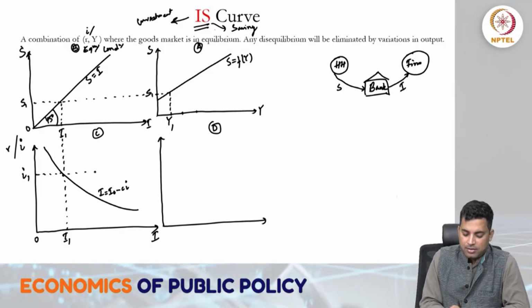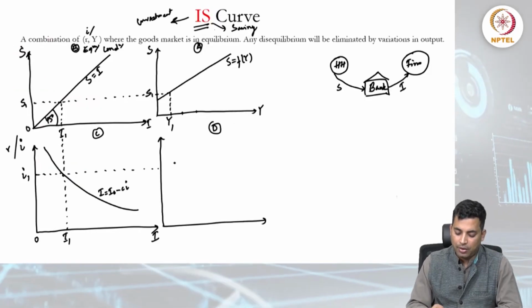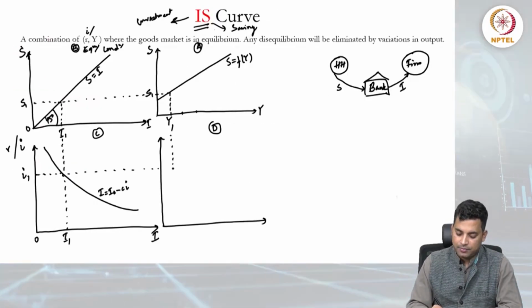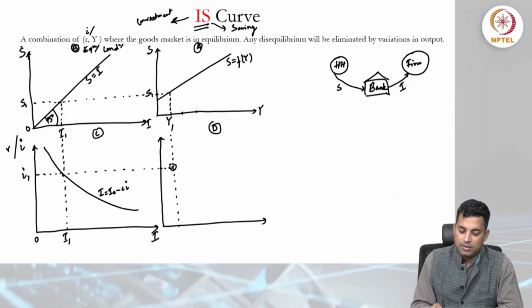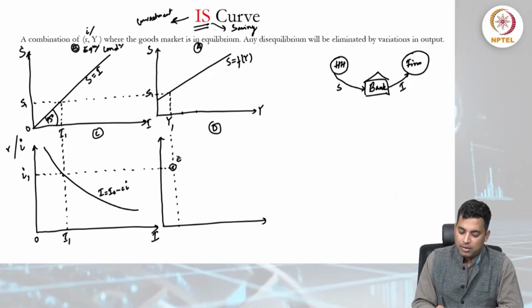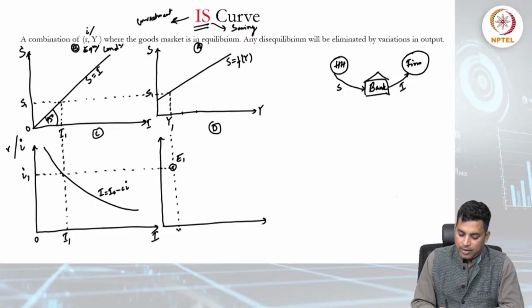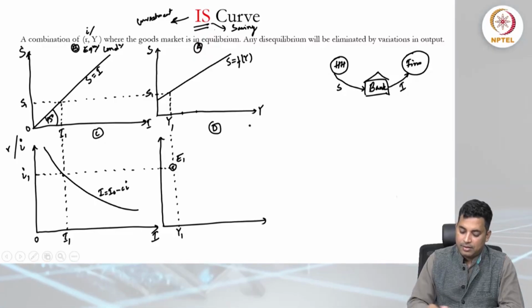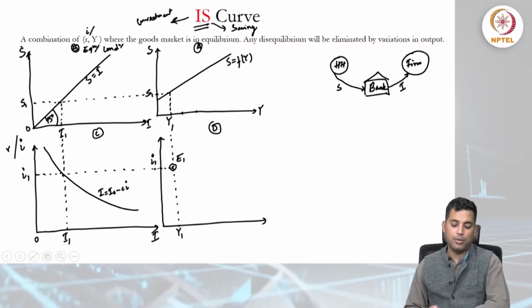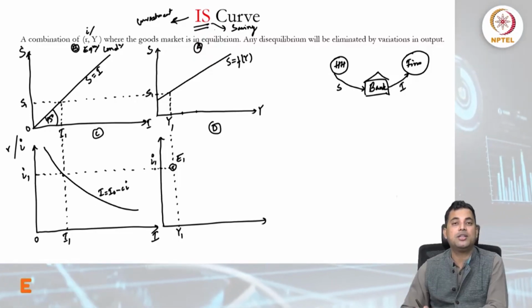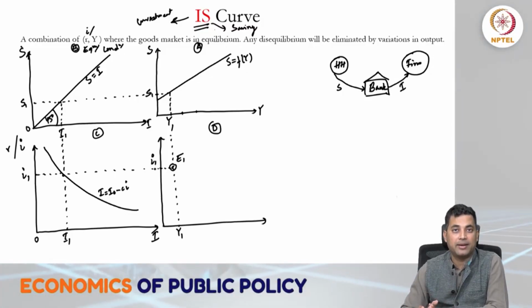With this, we again get one plot, so we get capital E1, where Y1 and small i1 meet. I try to interrelate and interlink all these four panels.